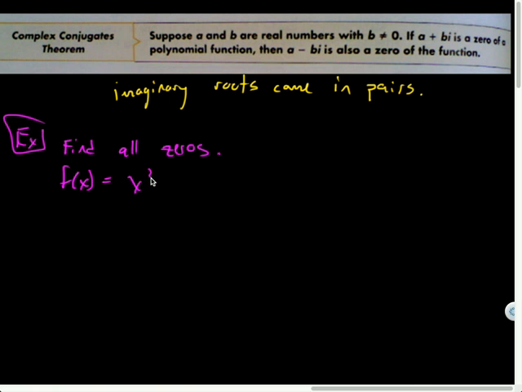So I'll do another third degree function, x squared minus 7x plus 51, and then 4 minus i is a 0.